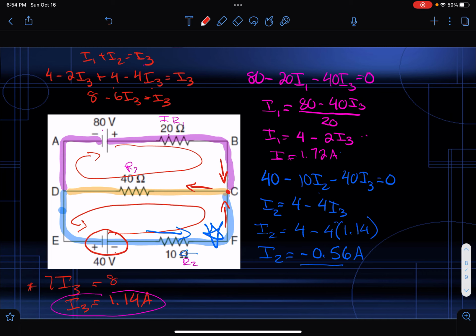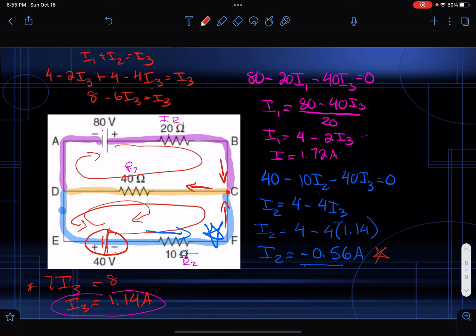When I did this one, I went based off of the symbol, and I didn't originally look at those, but once I did it that way, I thought this would be a very good learning example, that if you end up with a negative current, that's okay. It just means your loop was drawn in the wrong direction. I should have gone positive to negative here. But again, all my numbers are correct.